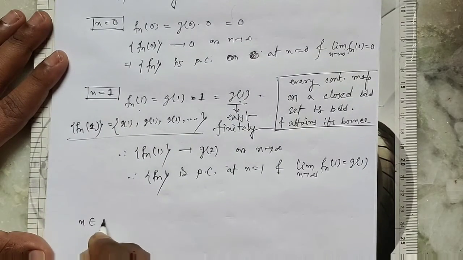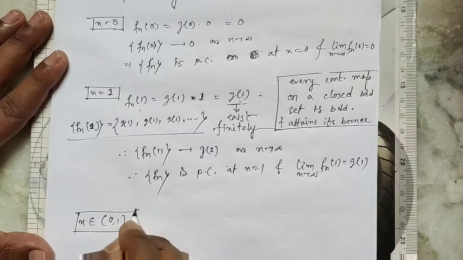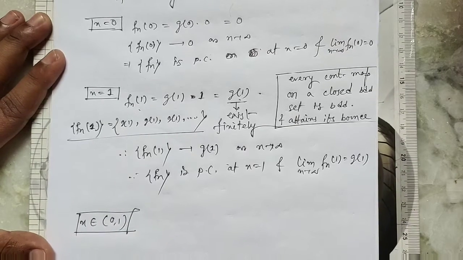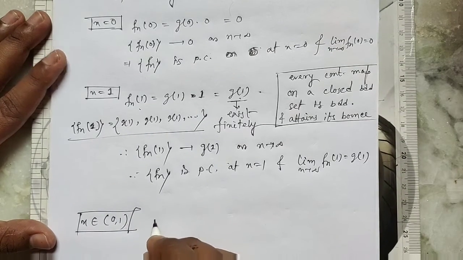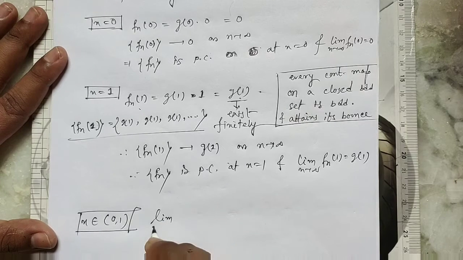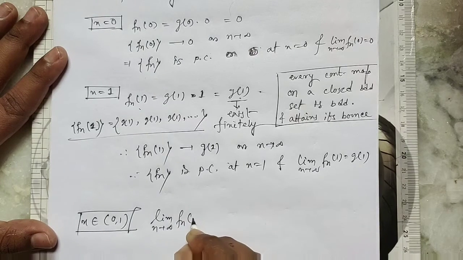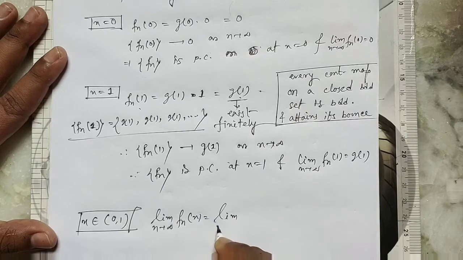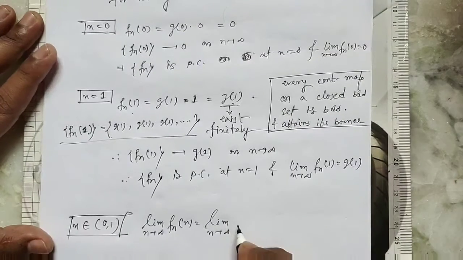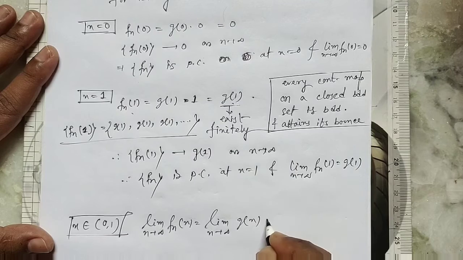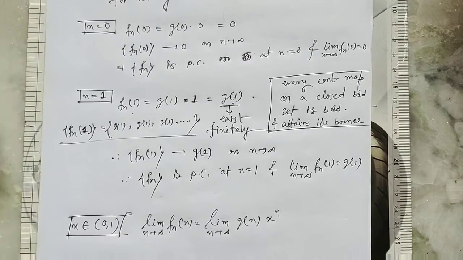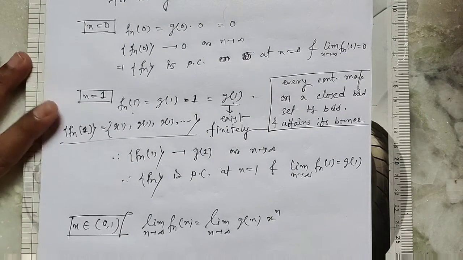Now if x belongs to open (0, 1), then limit n tends to infinity fn(x) equals limit n tends to infinity g(x) times x to the power n.